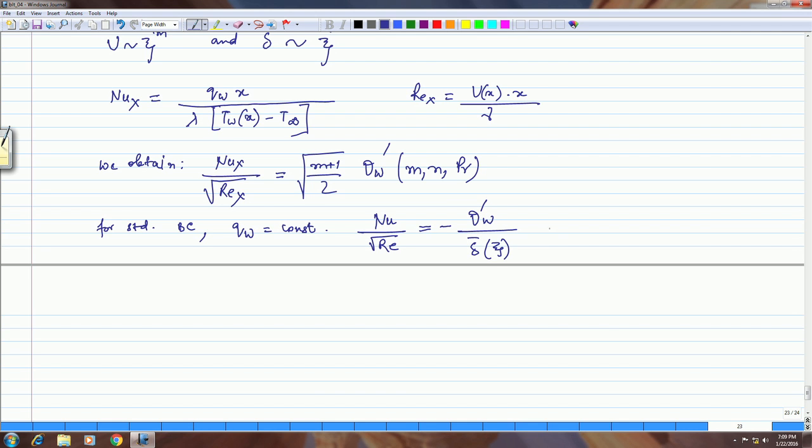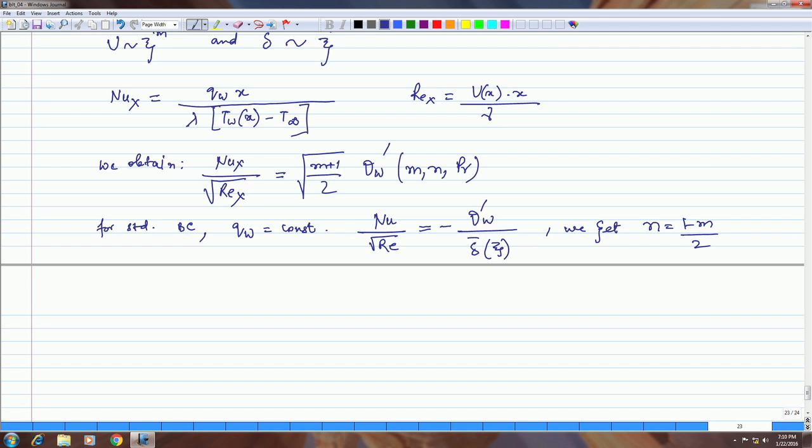So we get n is equal to 1 minus m by 2. N is equal to 1 minus m by 2. That is basically for the wedge flow.